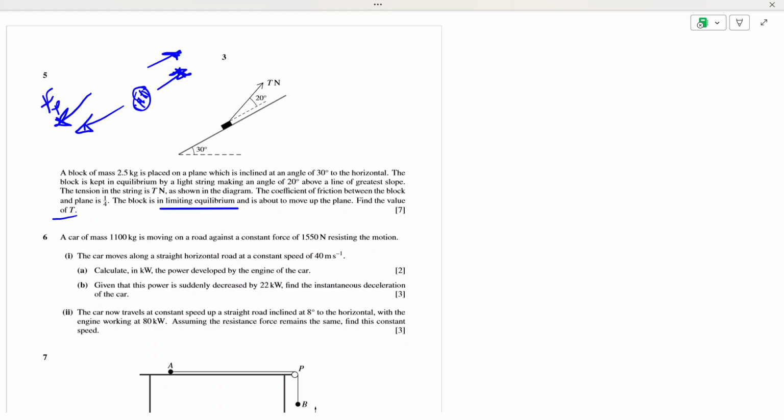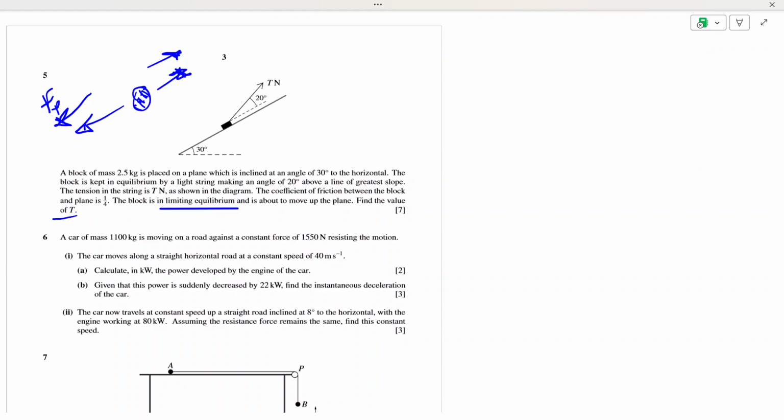The first thing that you do when you see this question, the best way to approach it, guys, is just use intuition, honestly. Then you resolve your forces, and then you can find your value for T. Because here, the forces acting up the plane and down the plane are equal.